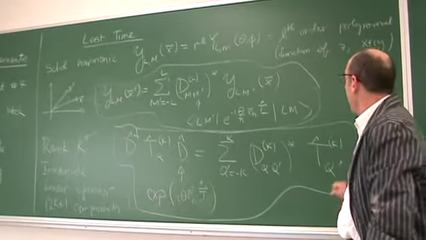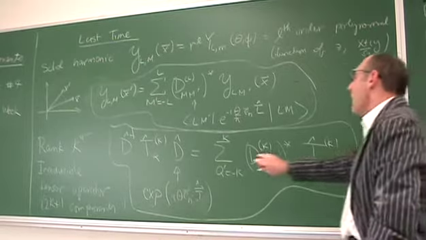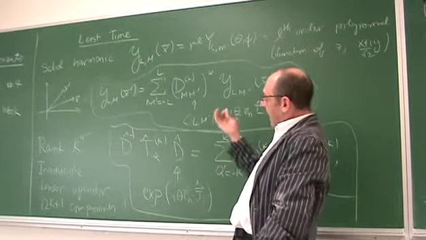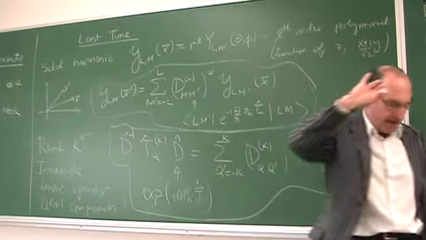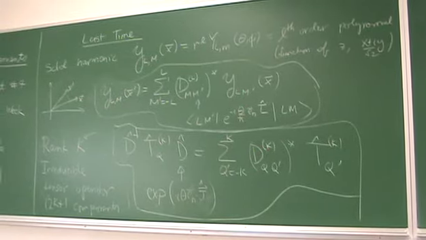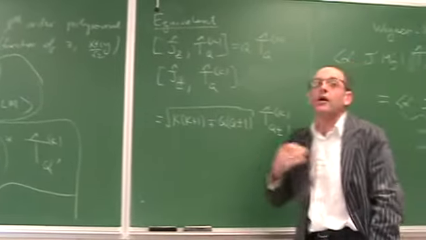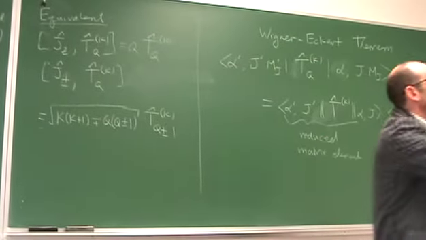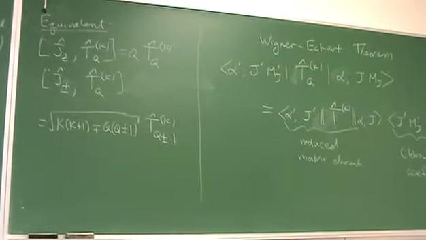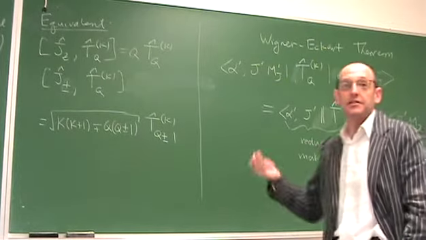Okay. And that we said was equivalent to thinking about an infinitesimal rotation by a tiny angle. That definition of rotation is equivalent to asking what the commutation relations of these components are with the generators of rotation, Jx, Jy, and Jz, or equivalently J plus, J minus, and Jz.